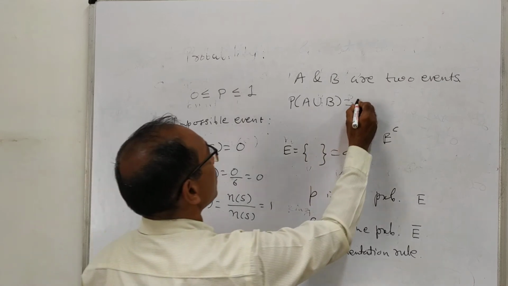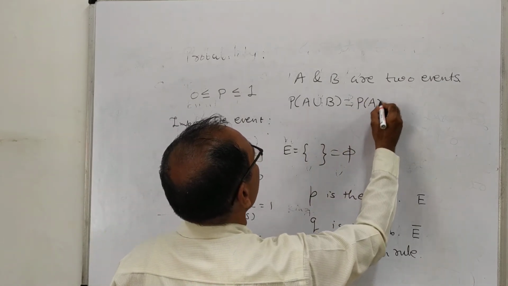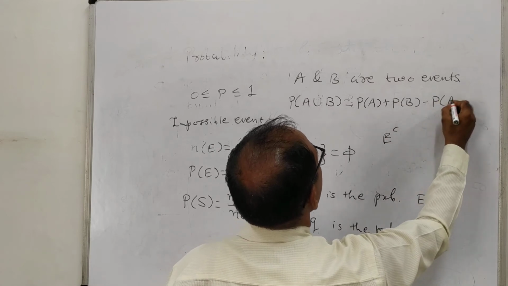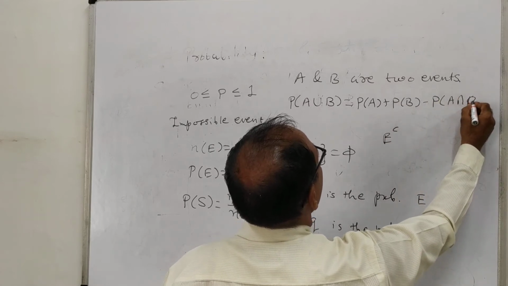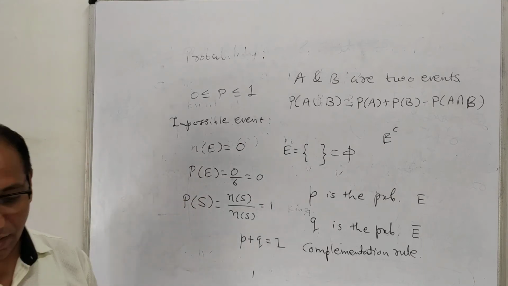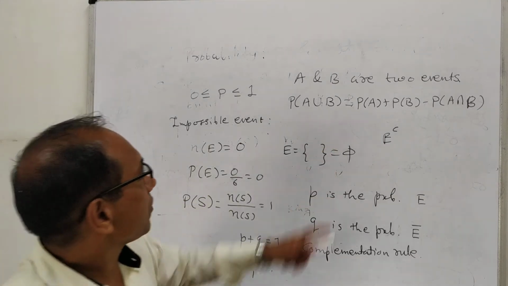So this is equal to probability of A plus probability of B minus probability of A intersection B. So you can see this is very simply you can understand it.